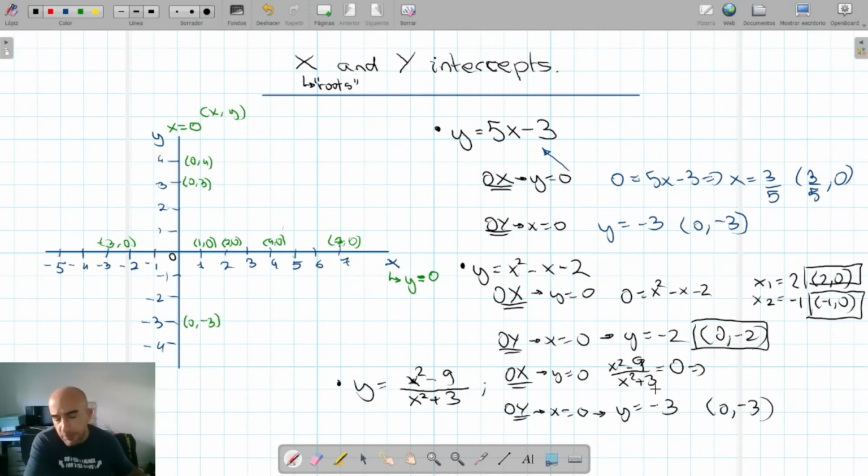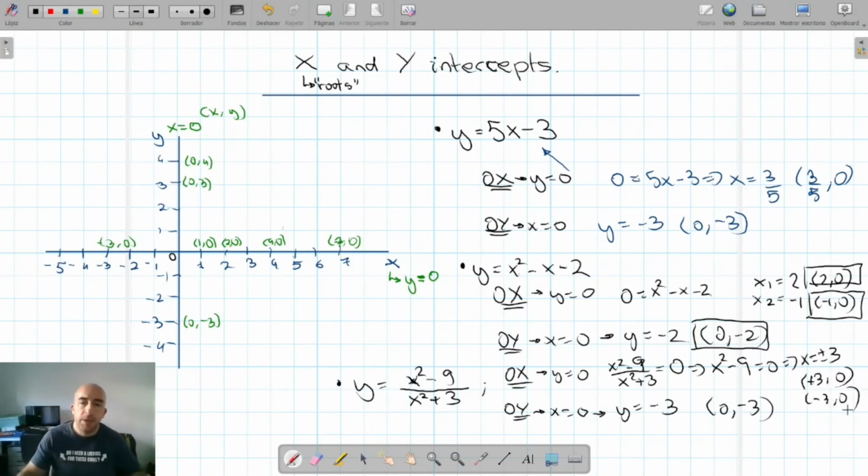But x squared plus 3 is never 0. So the only condition we have to look at is the numerator equals 0, and that gives x equals plus or minus 3. Remember that the square root of a number has two possible values, the plus and the minus. It's very important to have those, or you'll miss one of the results. So that's (3, 0) and (-3, 0).